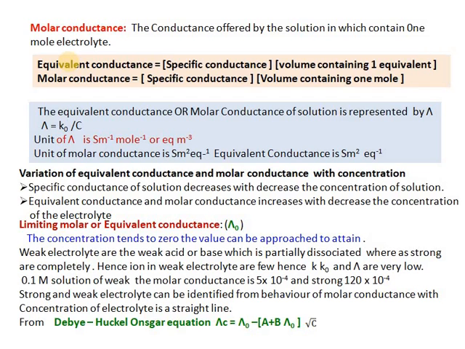Molar conductance has the unit Siemens meter square per mole, and the cell constant unit is per meter, but practically used is per centimeter. Right? Now we will see the variation of equivalent conductance and molar conductance with the concentration.